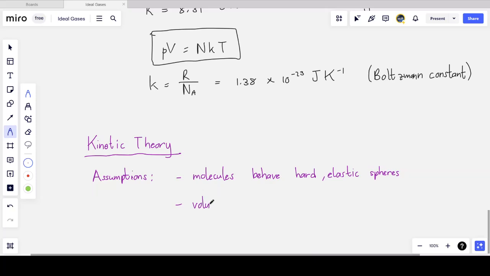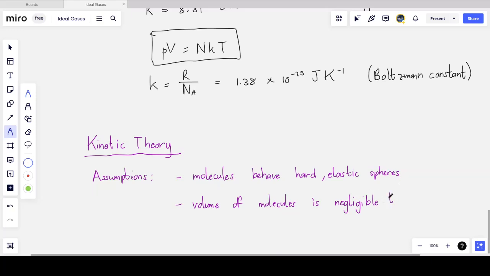Another assumption we must make is that the volume of the molecules must be negligible compared to the volume of the containing vessel. So our gas molecules should always be much smaller than the thing that is containing it.